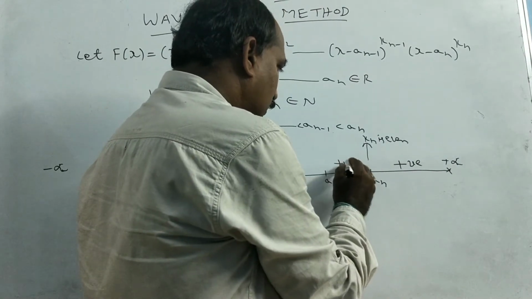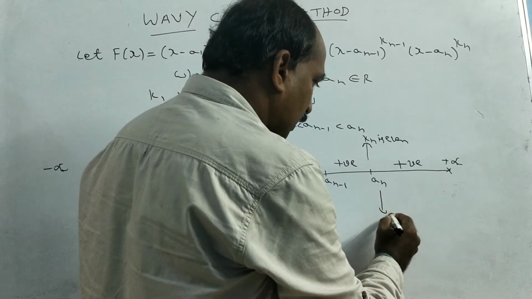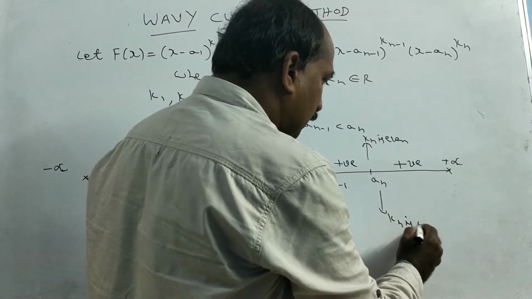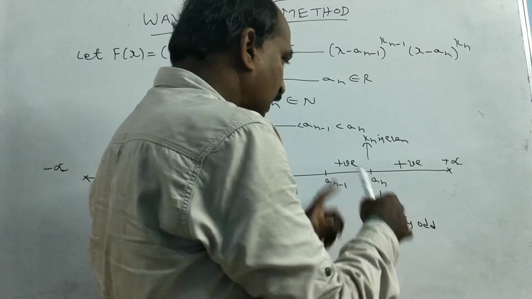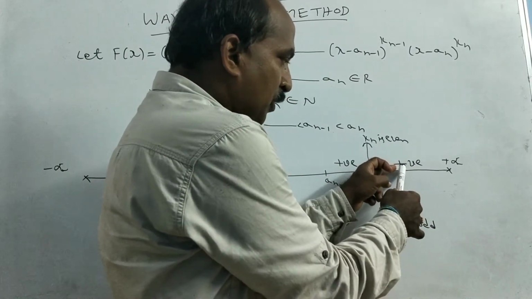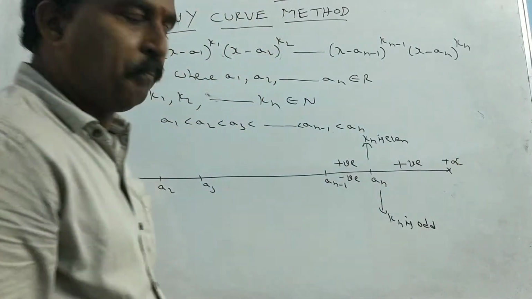If kn is odd, then we take the opposite sign, that is, the negative sign here.